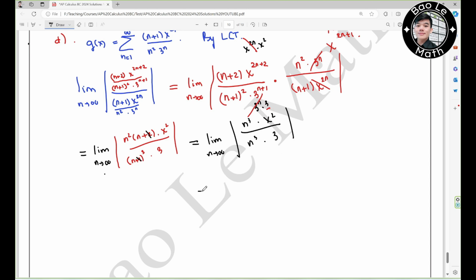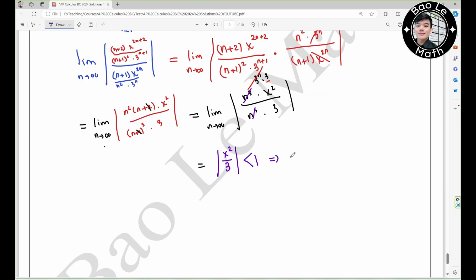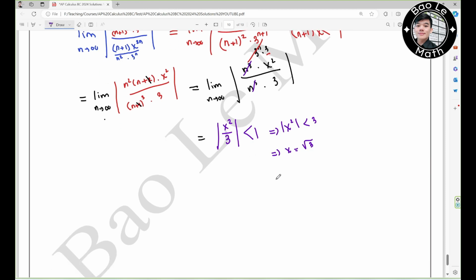Now we simplify, and n cubed is gone. The absolute value of s squared over 3 must be less than 1. So the absolute value of s squared is less than 3. We take the square root, so s equals root 3. This is the radius of convergence of the series.